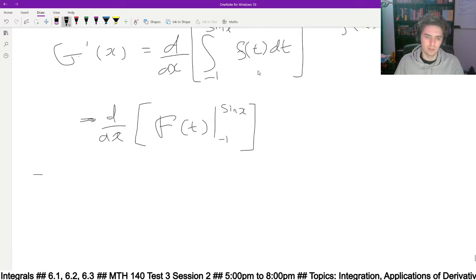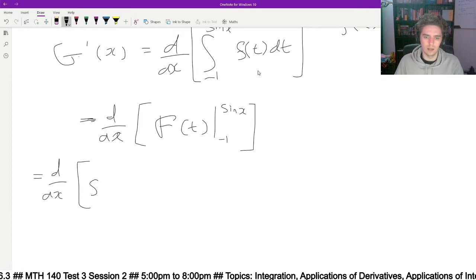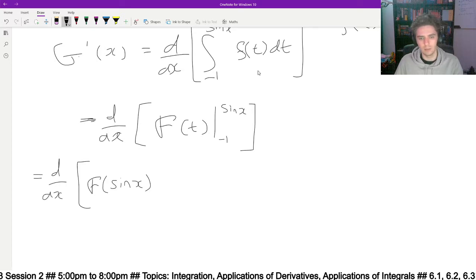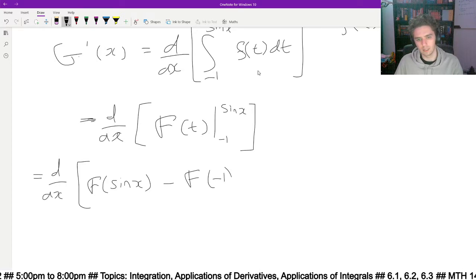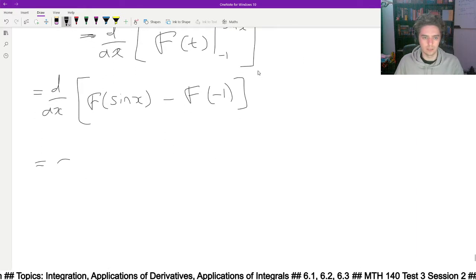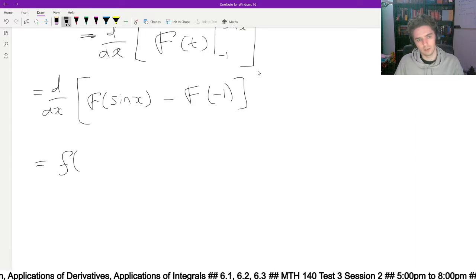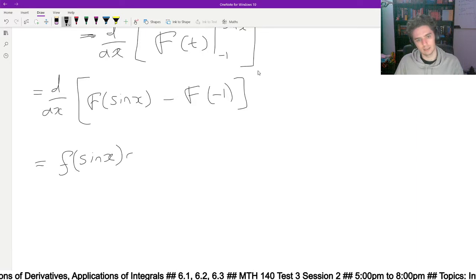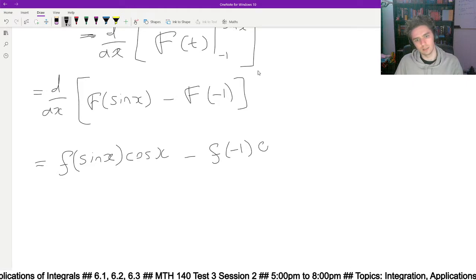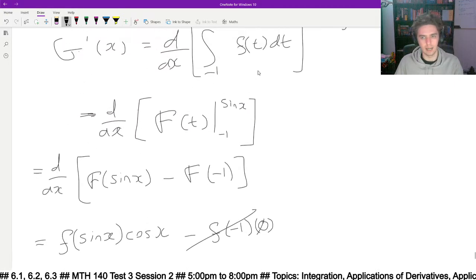So this is equal to d by dx of big F of sine x minus big F of -1. Then we'll take the derivative. It's going to be f of sine x times cos x minus f of -1 times 0. So that cancels out.